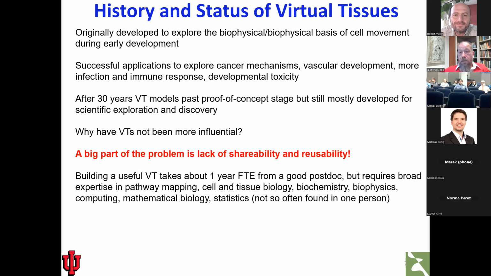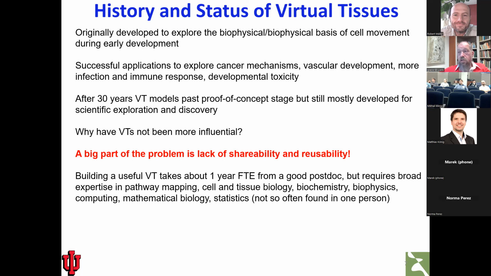These kinds of models have been used for more than 30 years, and a big part of the problem is that both the methodologies and the models themselves have typically been one-offs. So reusability and progressive improvement of models has not been a primary focus.